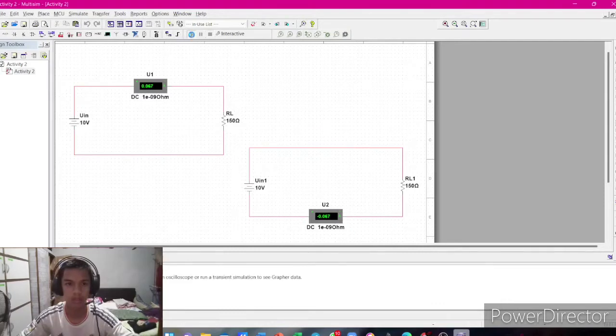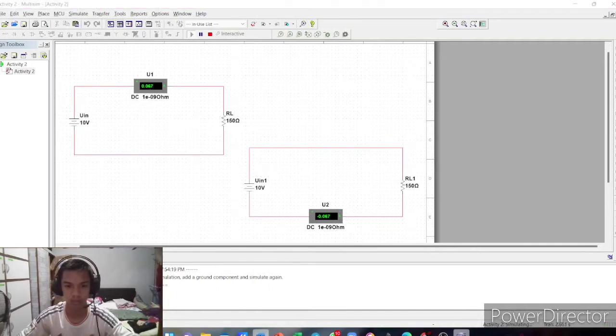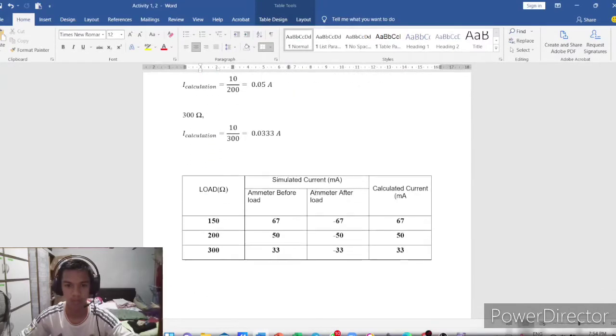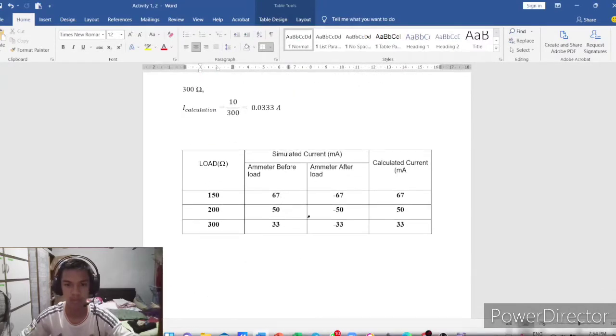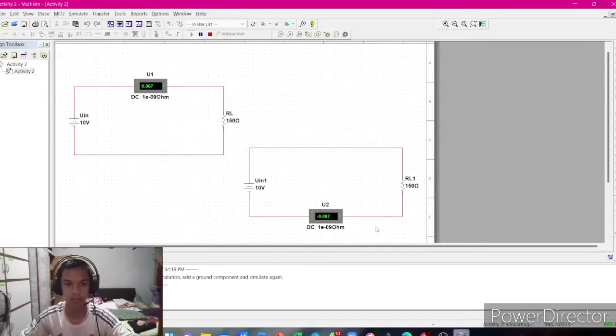Then we run the simulation. We get 67 milliampere. For after load, we get negative 67.